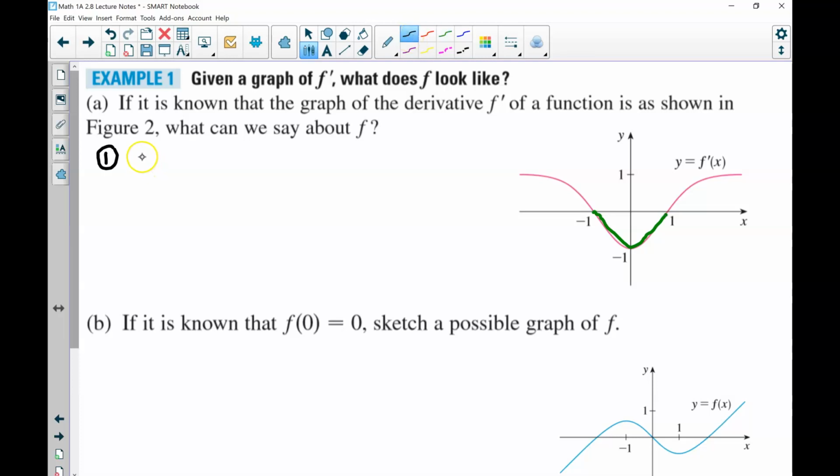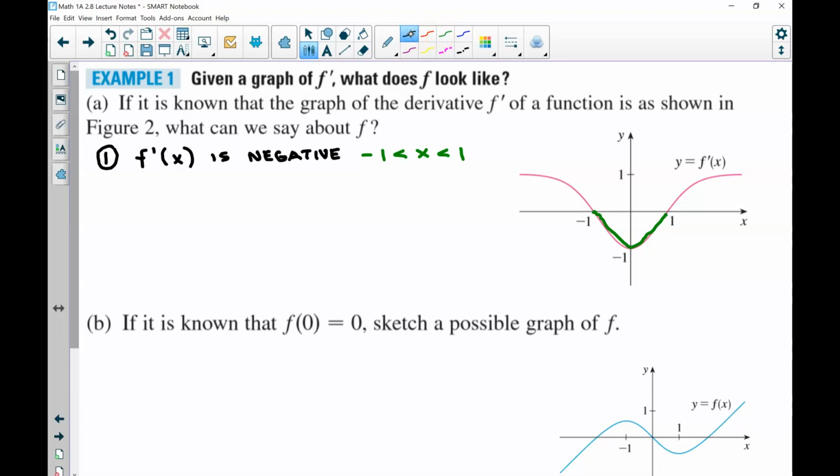So we can say that f prime of x is negative on the interval between -1 and +1.